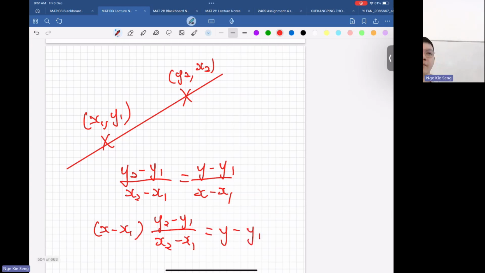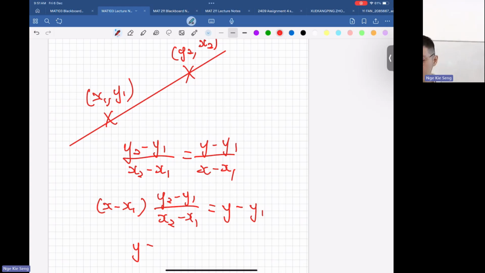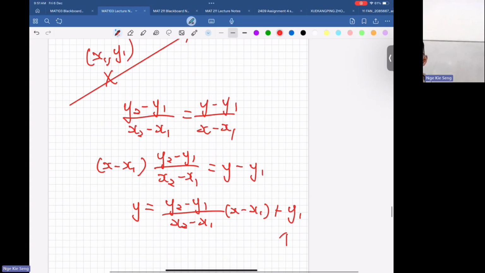You get this, and then in the end, you will get that the line equation is y equals mx plus c, so there's a y-intercept here. And what you started with actually is the gradient.